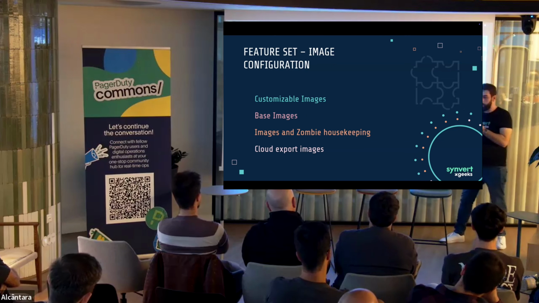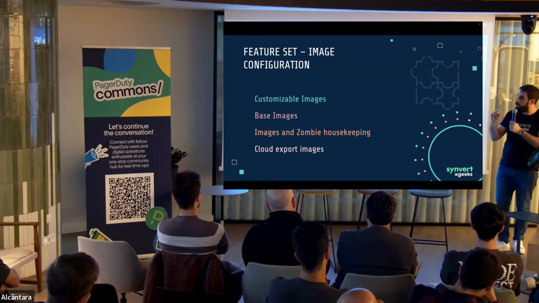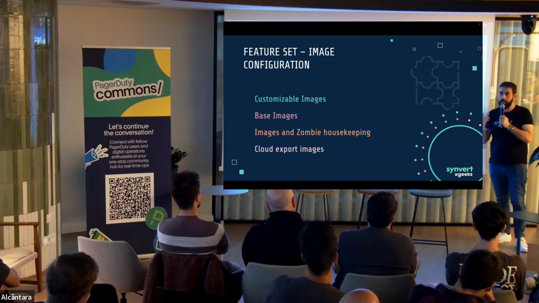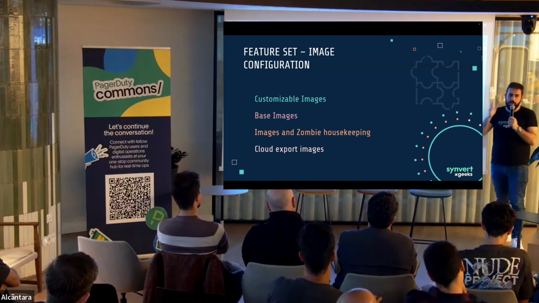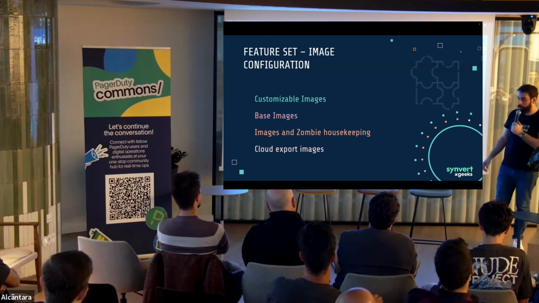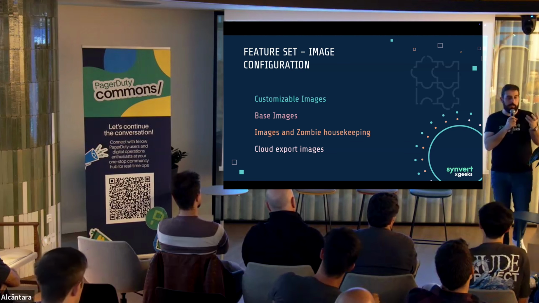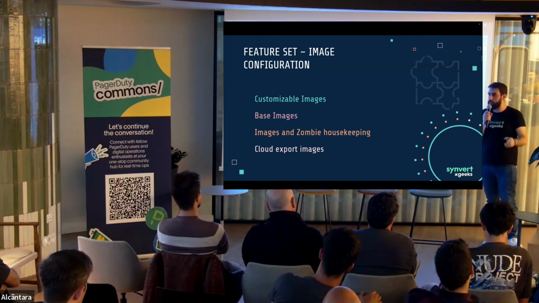And cloud export images. Cloud export images is a very specific feature. So if a car manufacturer wants to be compliant with a norm called ISO 26262, I think that's the number, or is it the other way around? I never know. Each piece of software, whatever that means, must be reproducible for 15 years, if I'm not mistaken.